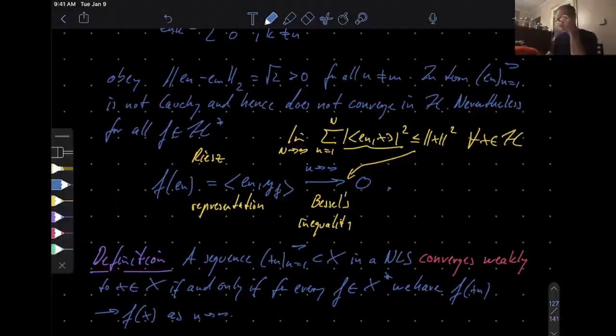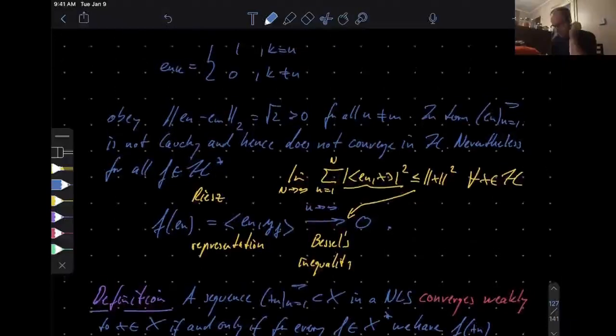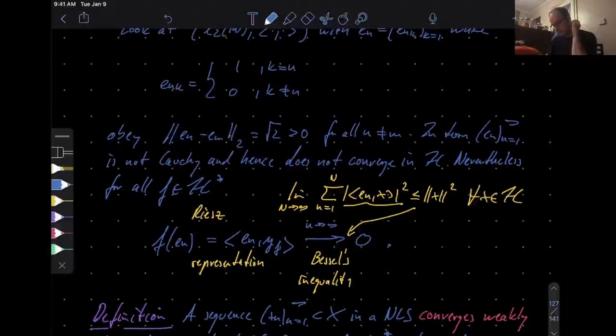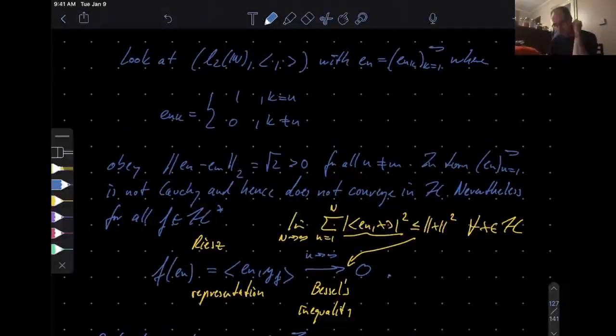All right, so that's the notion of weak convergence. So the example up there is one example of a sequence that converges weakly, these e_n's in small l2, but does not converge in the ordinary 2 norm.